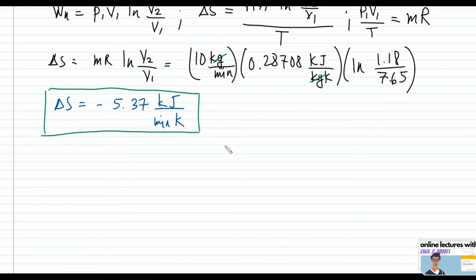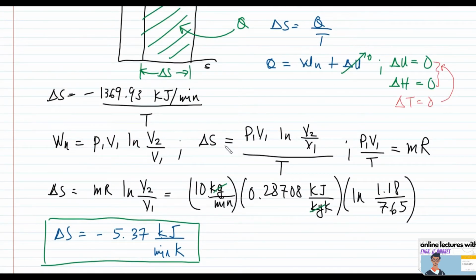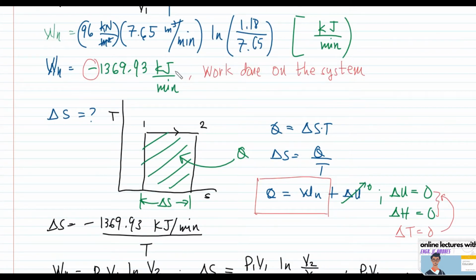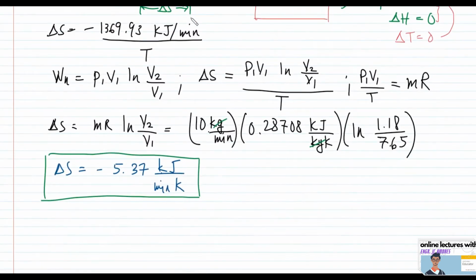And finally, heat. As I said earlier, heat is equal to your non-flow work. Remember this formula. Then therefore, Q is equal to negative 1,369.93. Let's just write it down, since it is also being asked.